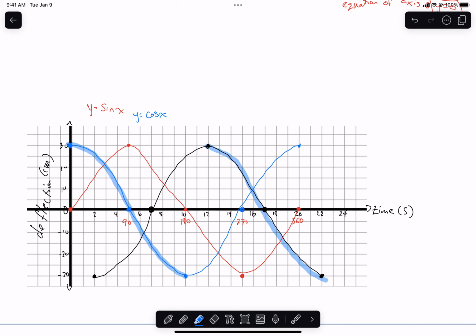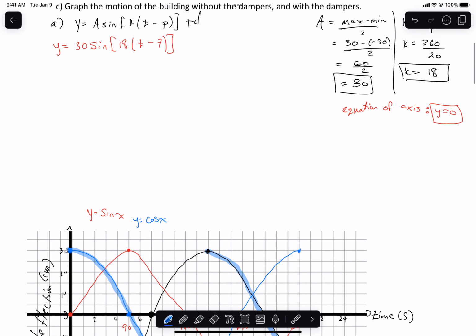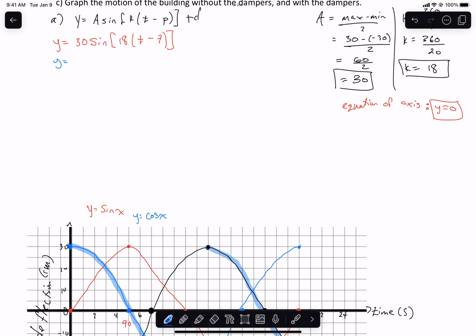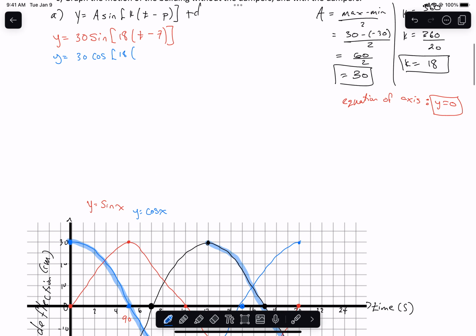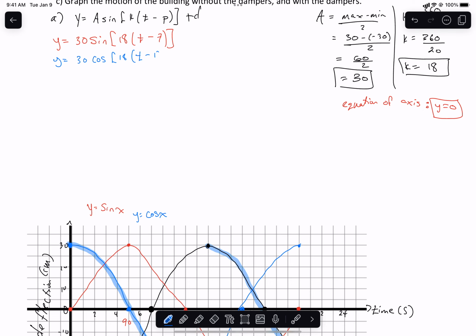I would take all points on the base cosine curve and horizontally translate them 12 units to the right. And so I could rewrite this as 30 cosine 18. Those values don't change. What's going to change is the p-value of the horizontal translation, so I can move this 12 units to the right.